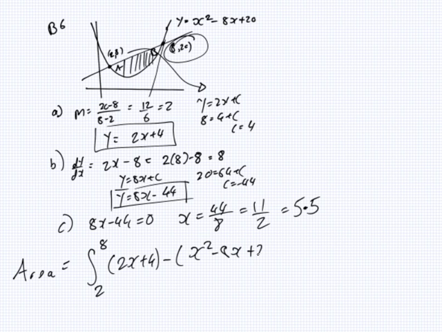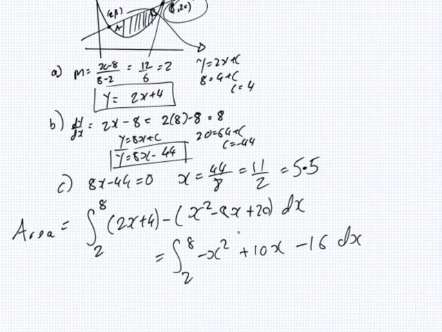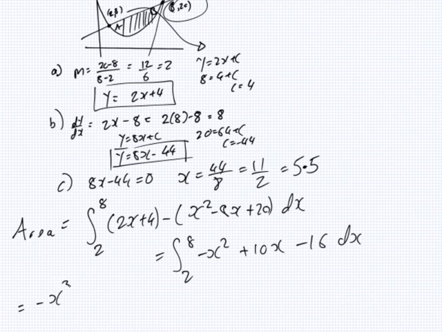Good. Now, it's actually a little bit quicker if I simplify this before I integrate. So, I'd have minus x squared, 2x minus 8x is 10x, minus 16. And now this is just a simple integration because this becomes minus x cubed over 3 plus 5x squared minus 16x, plus c.